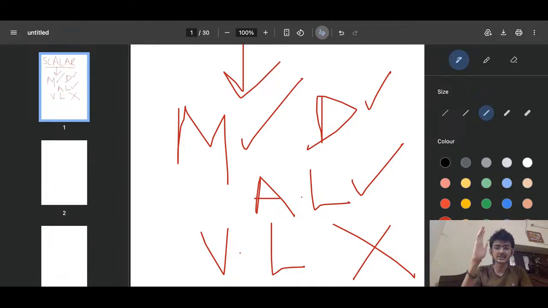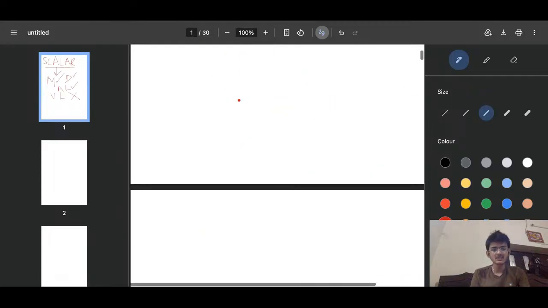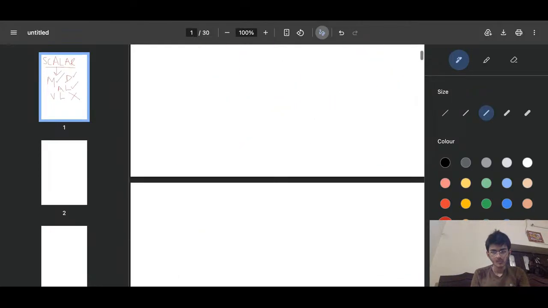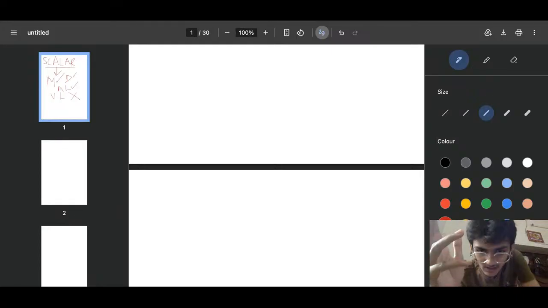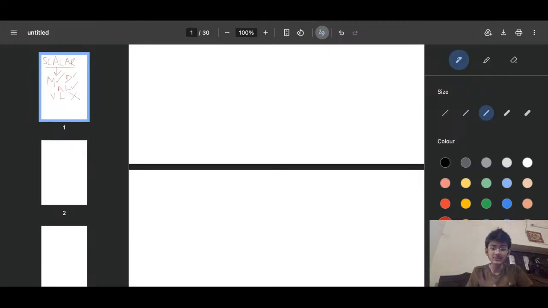Now we will discuss the direction. What's the significance of direction? Without direction, actually, you can't do anything in the field of mathematics, mainly in the field of vectors. If someone is telling you to go 30 meters in the north direction, then go 20 meters in the east direction, that person is actually giving you a point of reference.